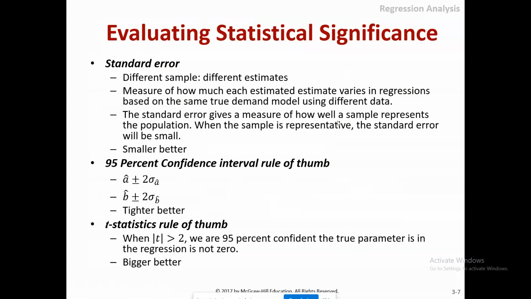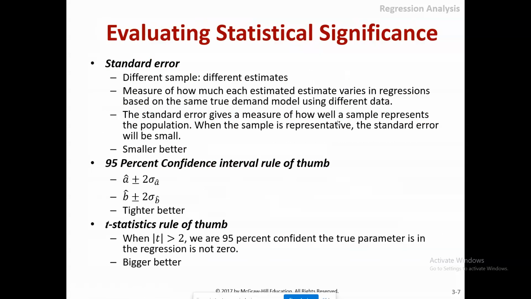Now there are several statistical values I want to emphasize because they tell us the statistical significance. The first one is called the standard error. Because, as I said, different samples give different estimates.